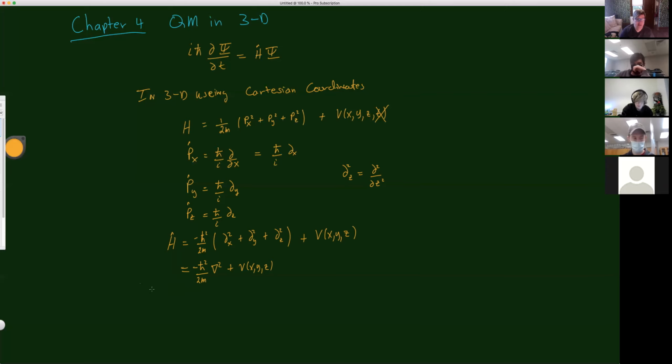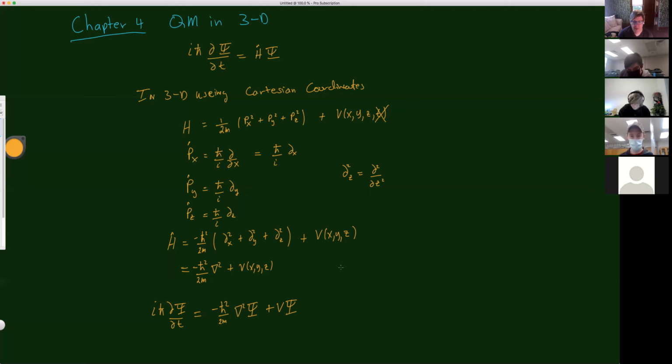Okay, so this means that the Schrodinger equation now is i h bar partial psi partial t equals minus h bar squared over 2m del squared psi plus V psi.